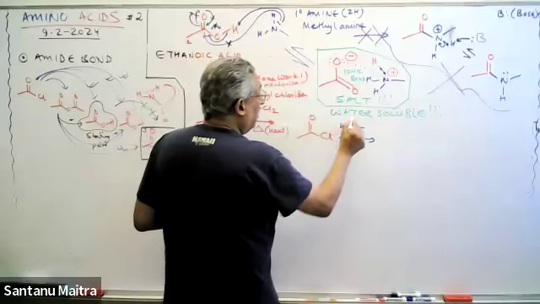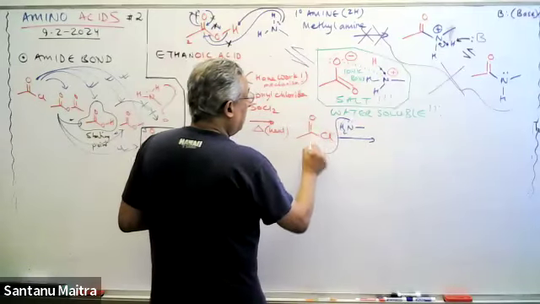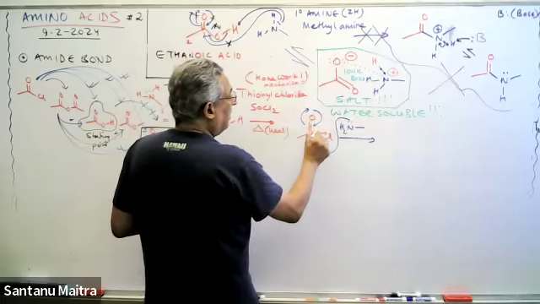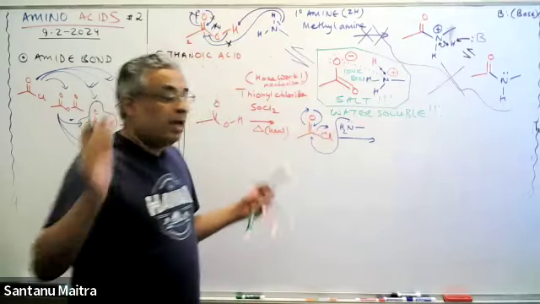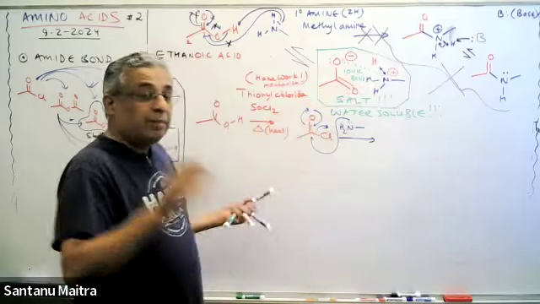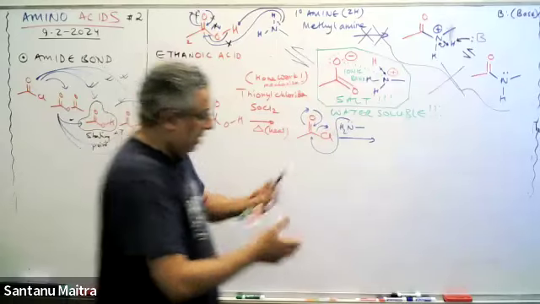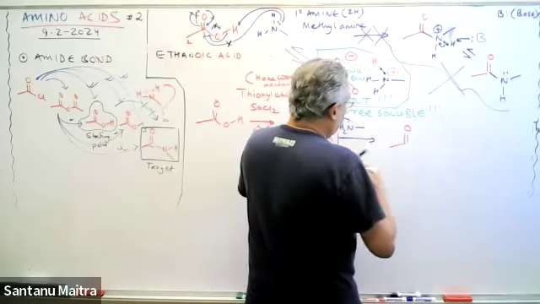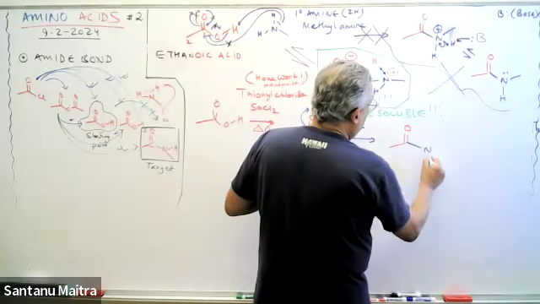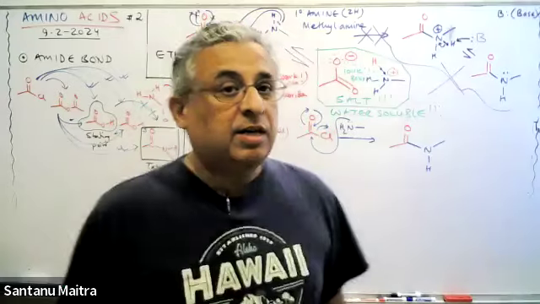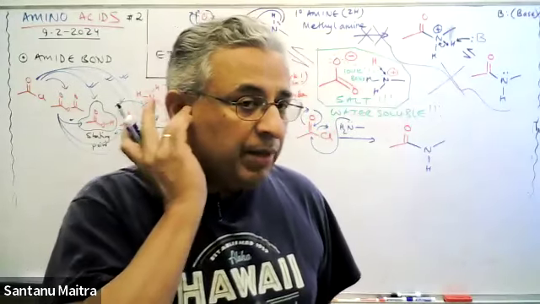Now this time, what it does is boom, up, back, and out. And then eventually it loses a hydrogen that way. Okay, I'm just going to draw the final product. You get a beautiful amide bond. This is not how we make an amide bond. We use a little fancier methodology using something called EDCI.